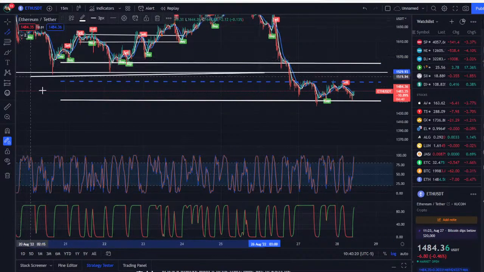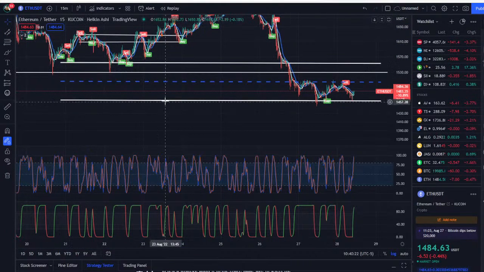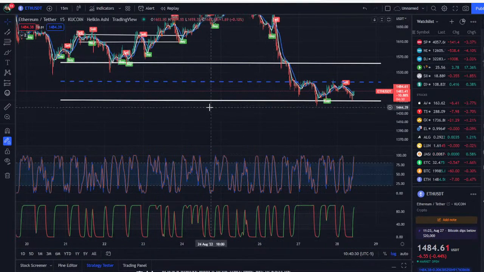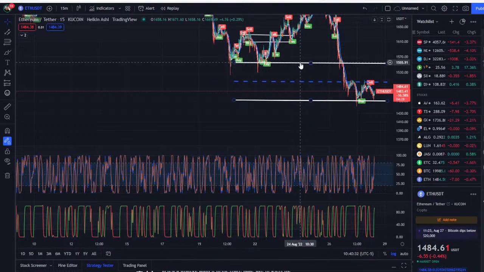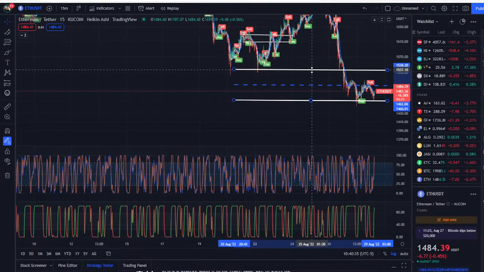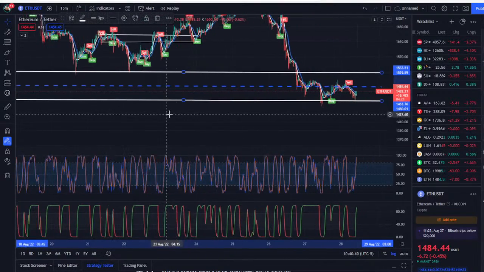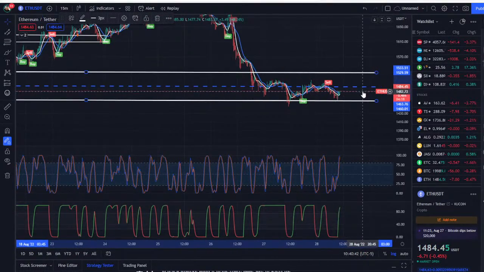So let's get rid of this line here that has nothing to do with the parallel channel. And now we can see that by measuring this out, we have a 2 zone here, meaning that we need this to get above this 1493, because we want this middle of the parallel channel to become the support.